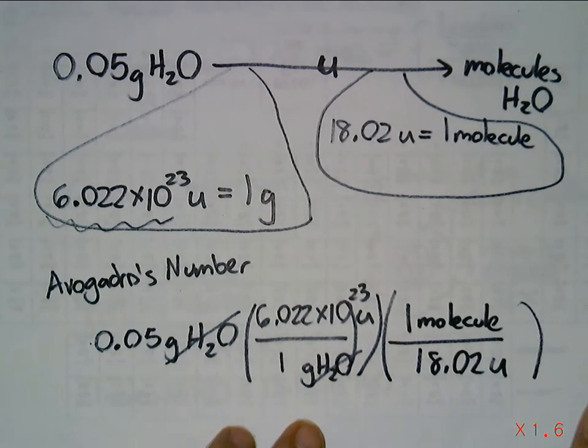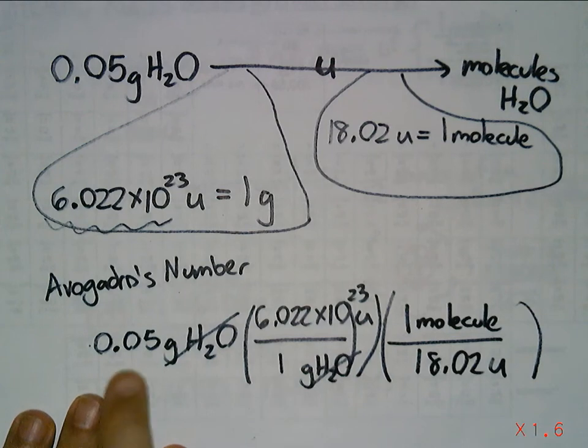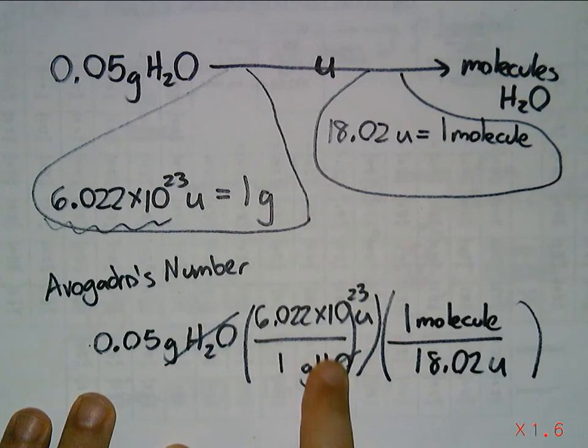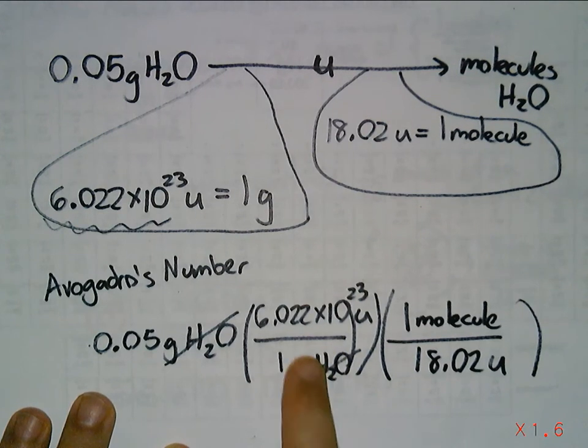So if you're confused about why I'm putting all this stuff where I'm putting it, think of it like this. You write down what you're starting with. A raindrop, 0.05 grams of water. You've got to get rid of the grams of water, so on the bottom of the next fraction you have to have grams of water. And you need a relationship. You need the top and the bottom here to be equal.